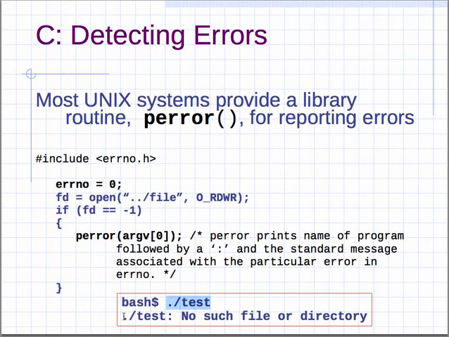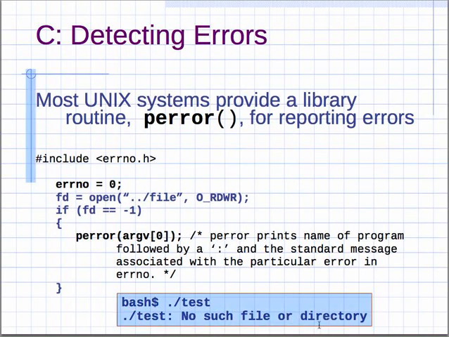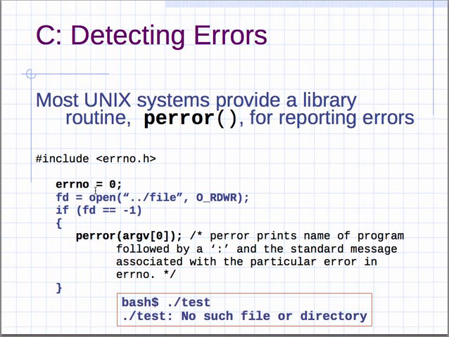It will print out the ./test as a result of this perror, followed by a standard string. So in this case, if you try to, for example, open a file that doesn't exist, perror, we will pass in a simple string, which is just the name of the program, and perror does the job of printing out the rest of the error message.